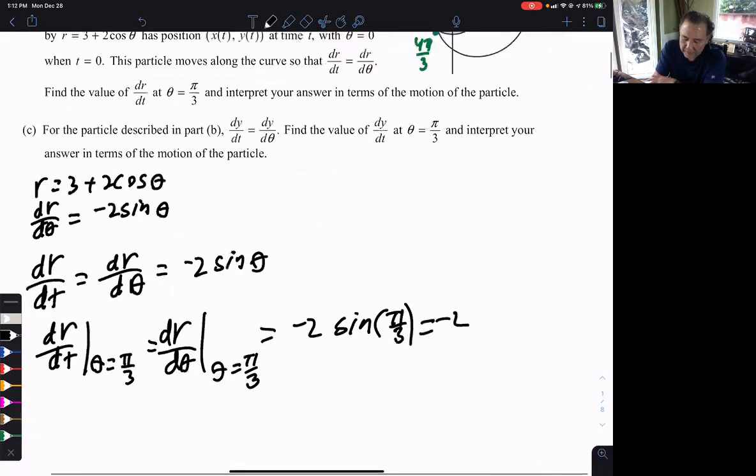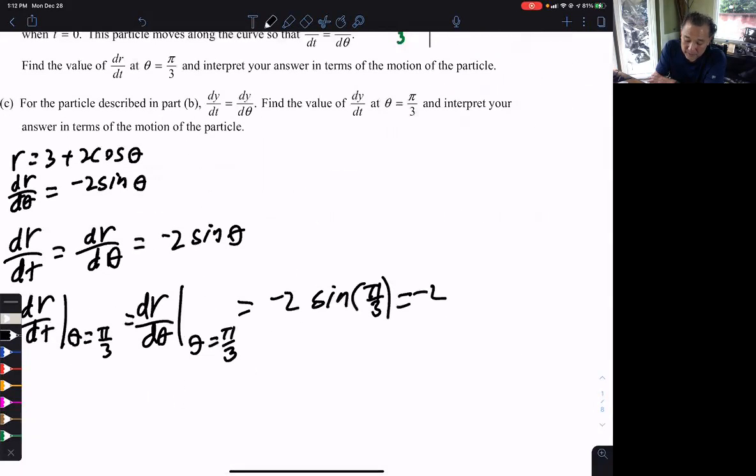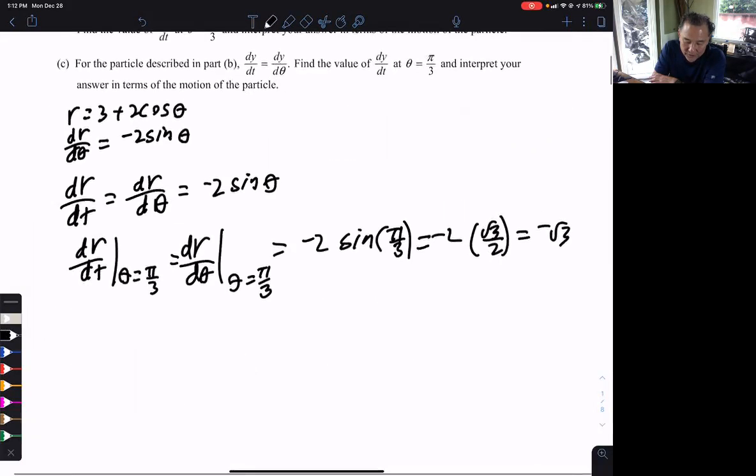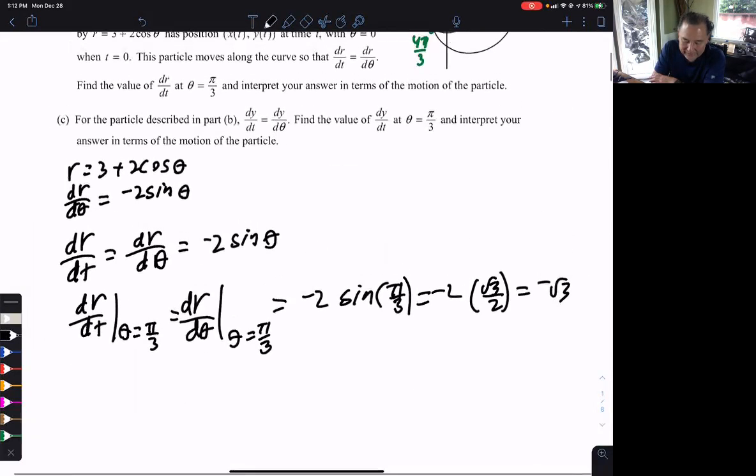But the sine of pi/3 is going to be radical 3/2, which is negative radical 3 for my dr dt. Let me double check that. Okay, yes, so it's negative radical 3.